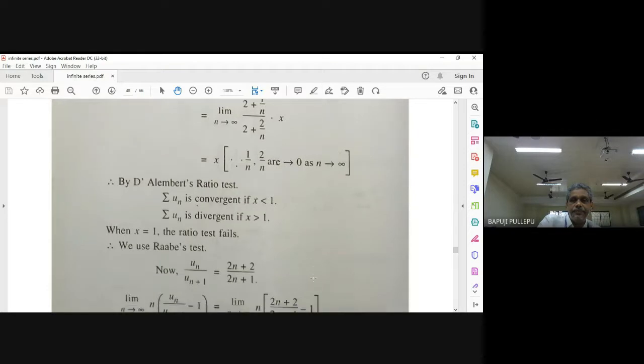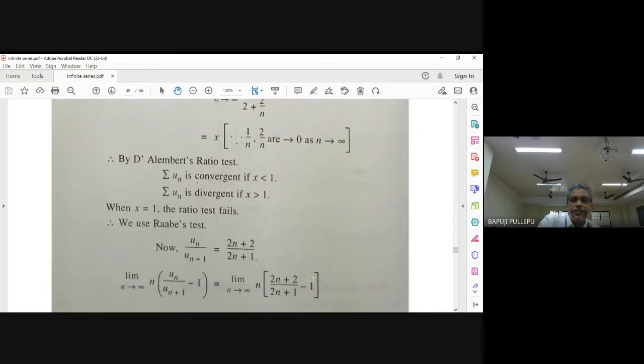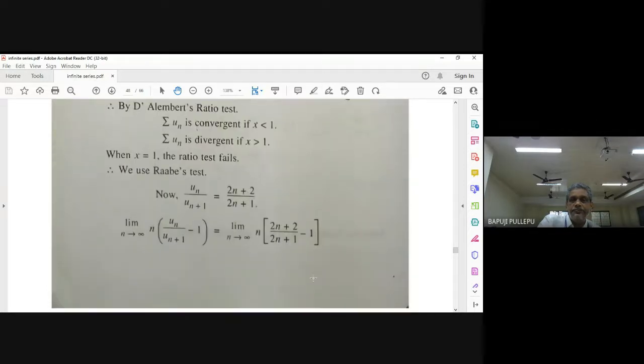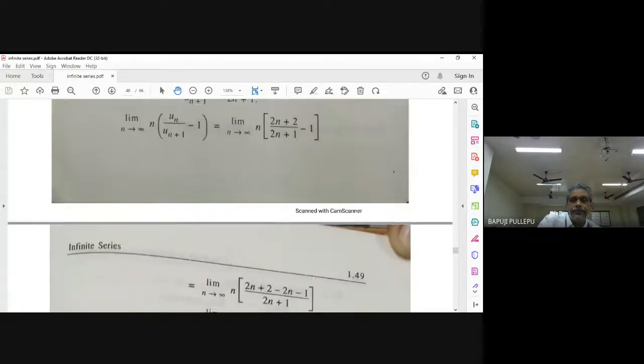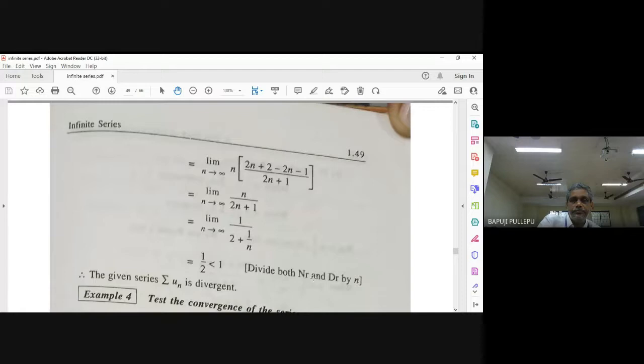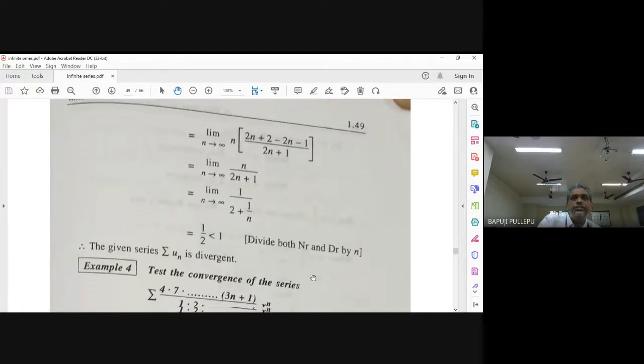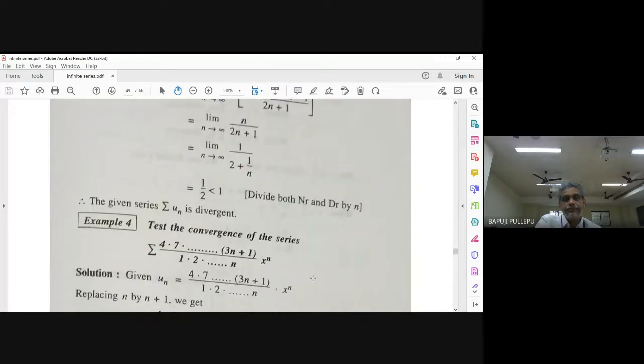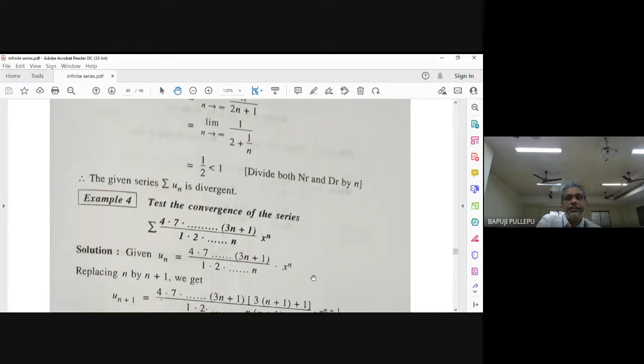If we use Raabe's test directly, you will get the result. Divergent. Like this you can do.